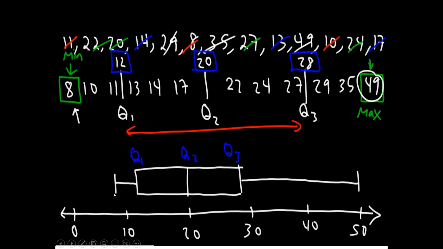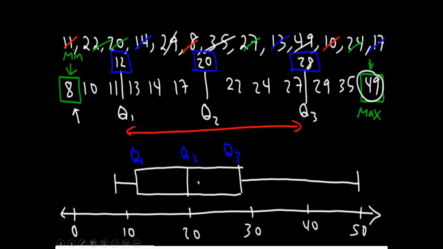The first thing I'm going to find is the median of all of this data, and that's where my Q2 is going to go. That line is going to be right at 20. Then I'm going to take the data from 8 to 20 and find the median there. That's going to be my first quartile, Q1, at 12. You can see it's lined up with 12.